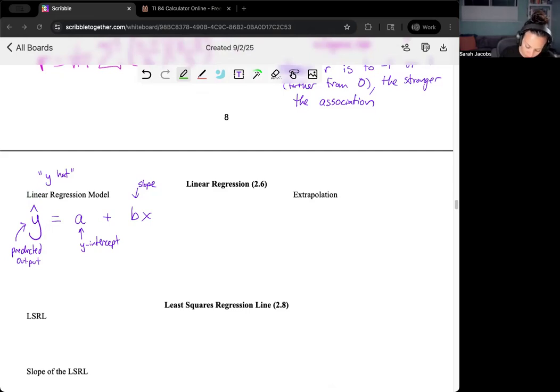You could also write this as whatever the response variable is, with a hat, like baby length hat is equal to a plus b times the explanatory variable.